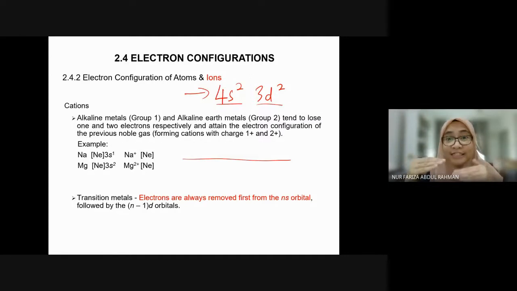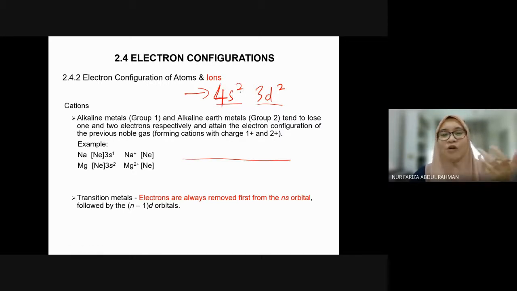The Aufbau diagram shown from top to bottom is in terms of energy. But in terms of outermost versus inner, it will be the highest n. n equals 4 is the outermost shell. That is why it will be removed from n equals 4.